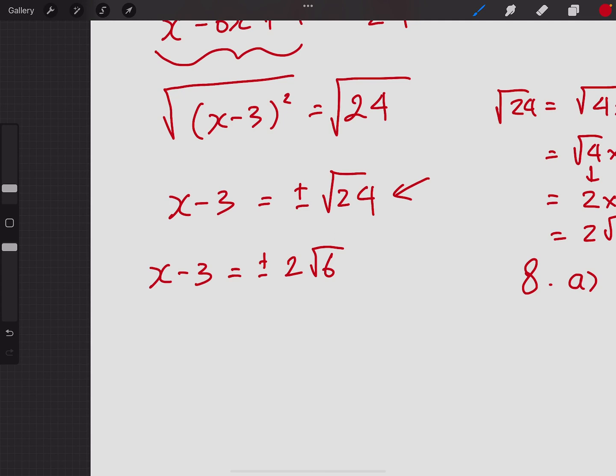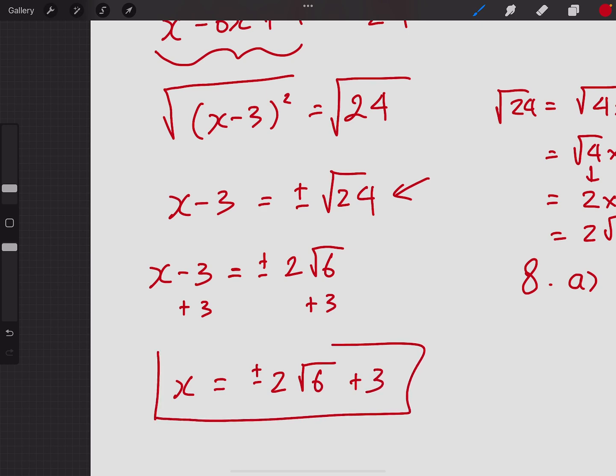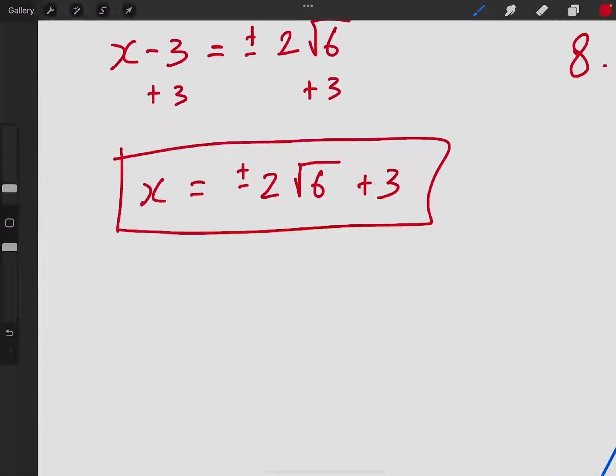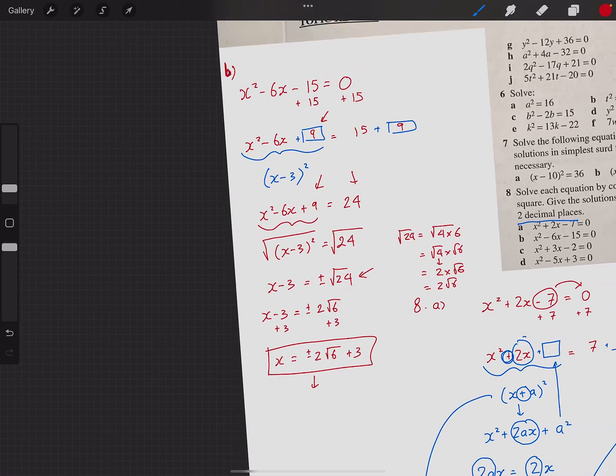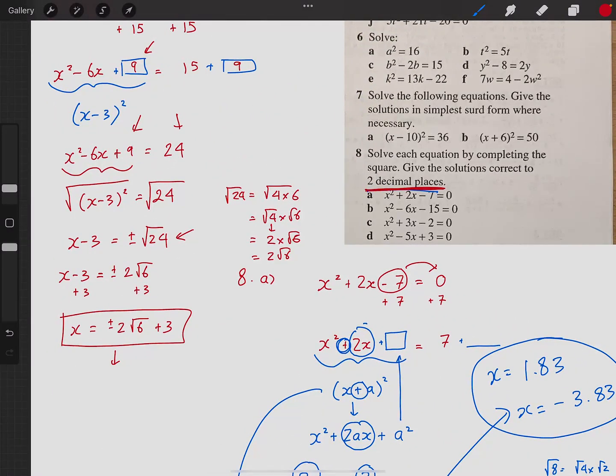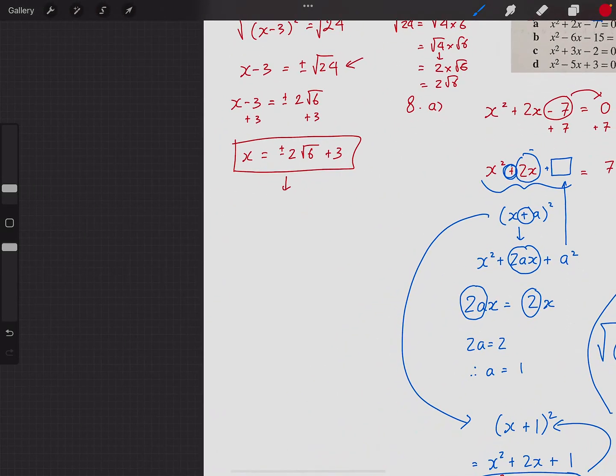So therefore we have to add 3 to both sides to solve for x, so x is equal to plus minus 2 root 6 plus 3, and there's your answer in simplest surd form. Now, because we're not asking for simplest surd form, we're asking for 2 decimal places, put it into the calculator, and I'll see what I get.